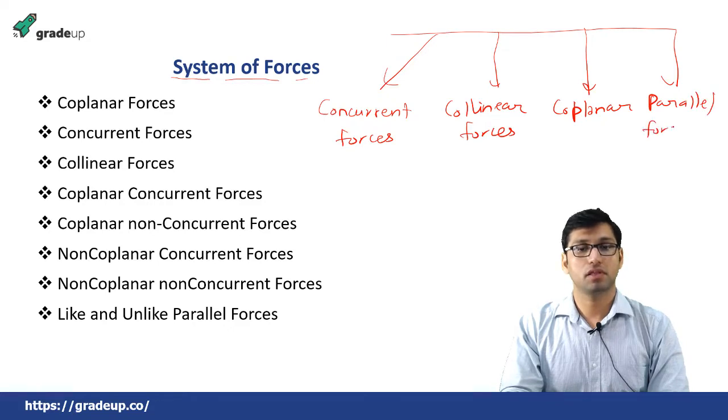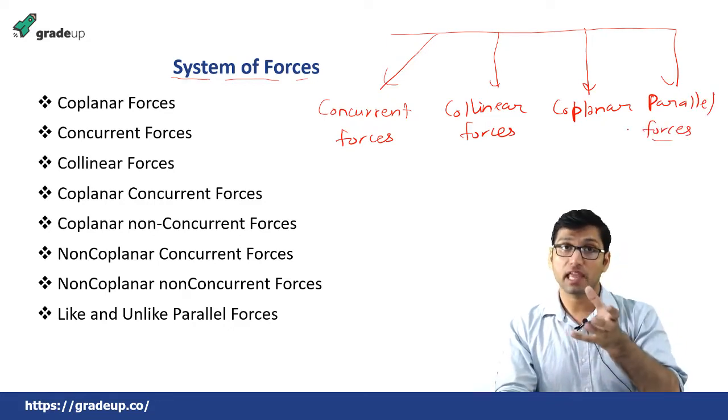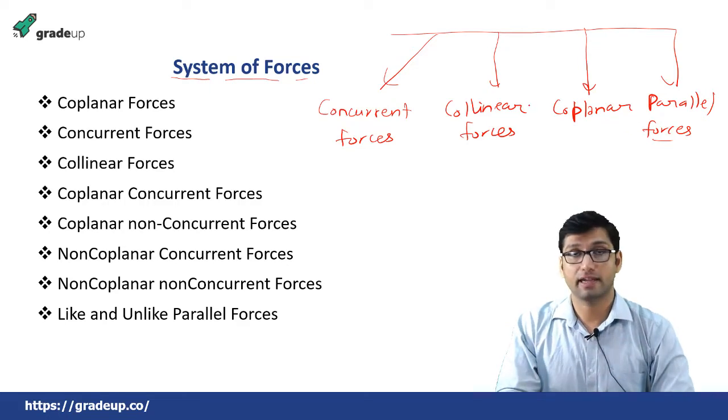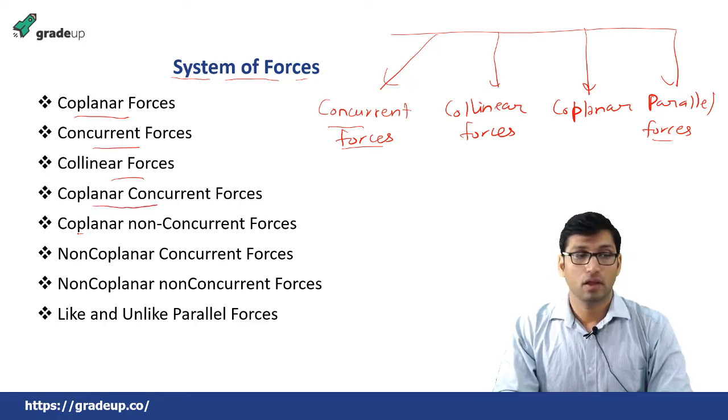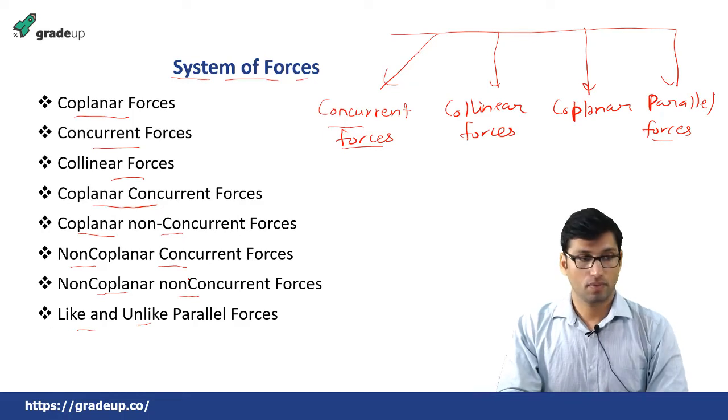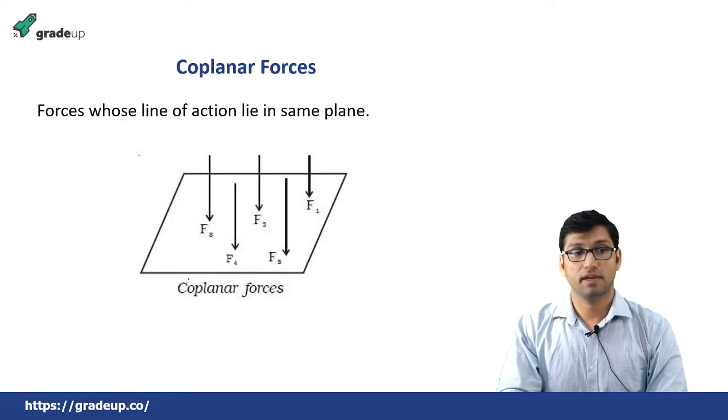These are the systems of forces: the behavior of the forces which are acting on a body and how they are acting on a body. So coplanar forces, concurrent, collinear, coplanar and concurrent, coplanar and non-concurrent, non-coplanar and concurrent, and non-coplanar and non-concurrent, and so on. We'll study this force system in detail.